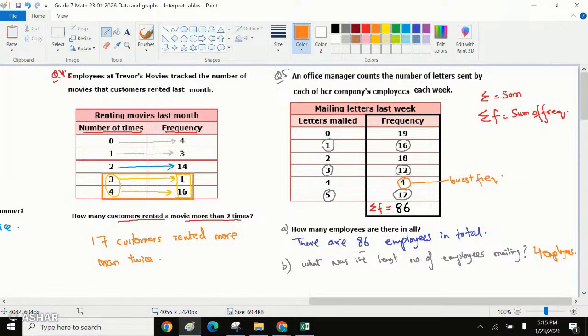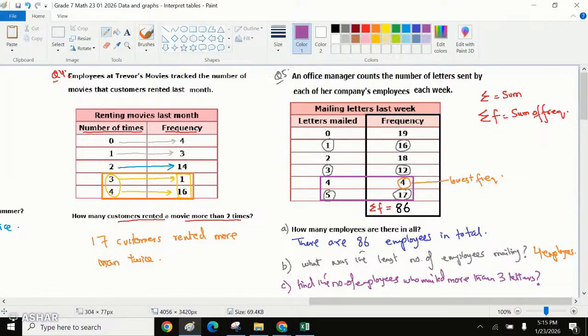Or we can say, what was the number of employees who mailed more than 3 letters? Okay, let's suppose, find the number of employees who mailed more than 3 letters. More than 3 means they could be 4 or it could be 5, right?